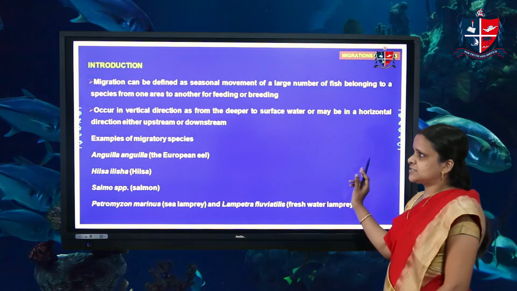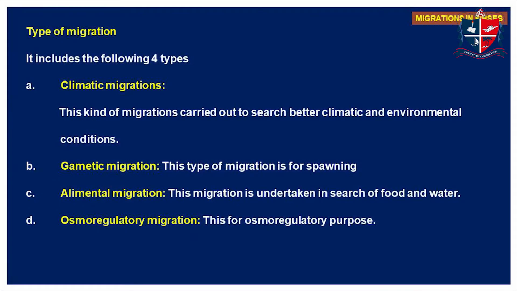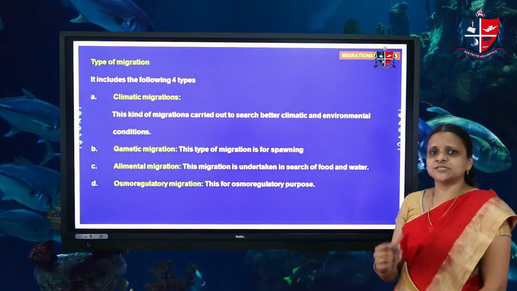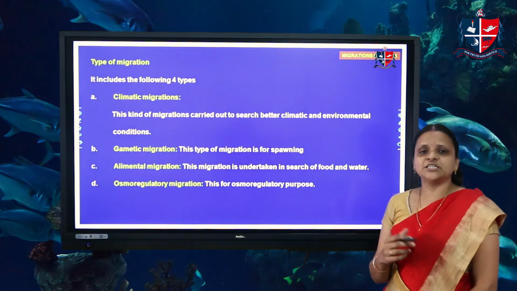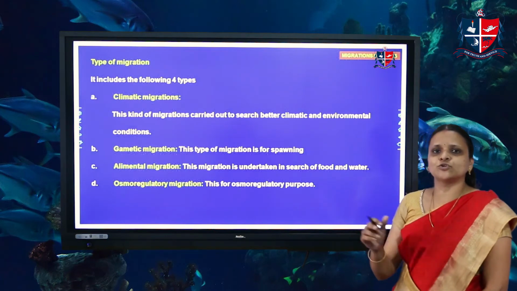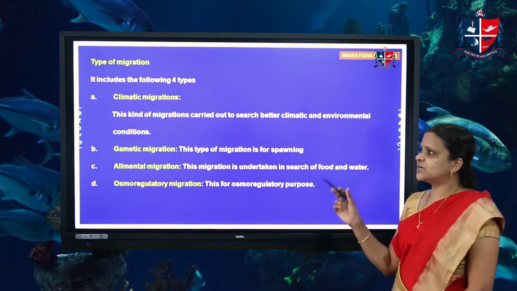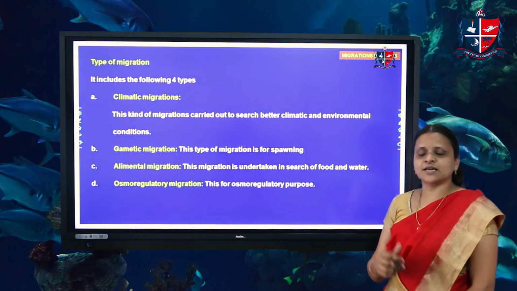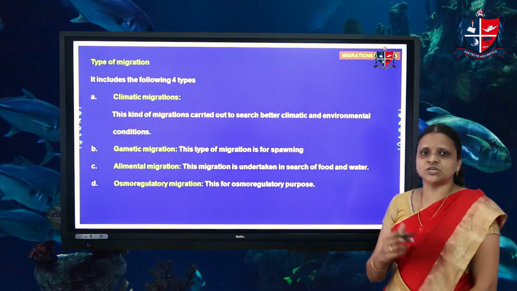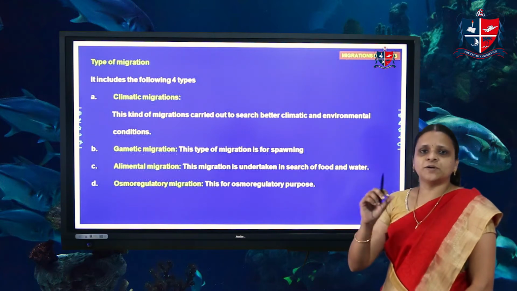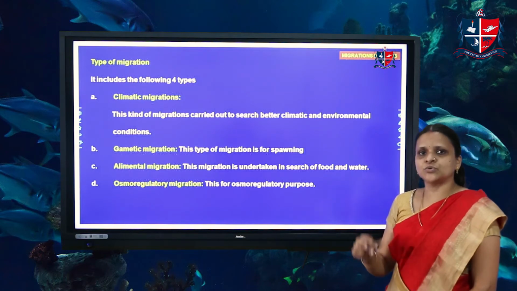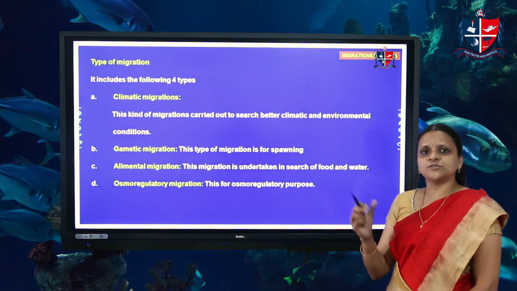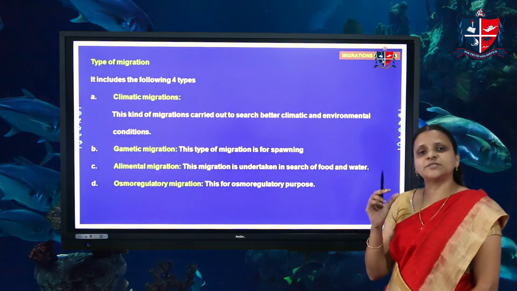On the basis of the purpose, we can classify migrations into the following four types: climatic migration, gametic migration, elemental migration, and osmoregulatory migration. The climatic migrations are performed by the fishes for choosing suitable environmental conditions.